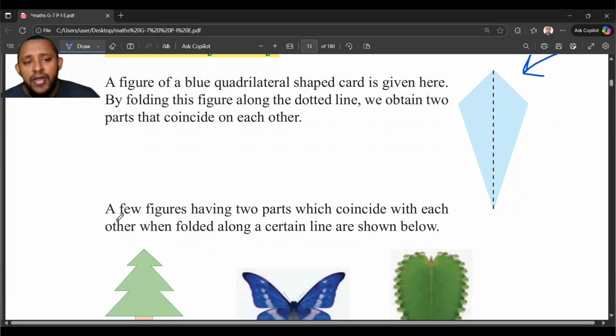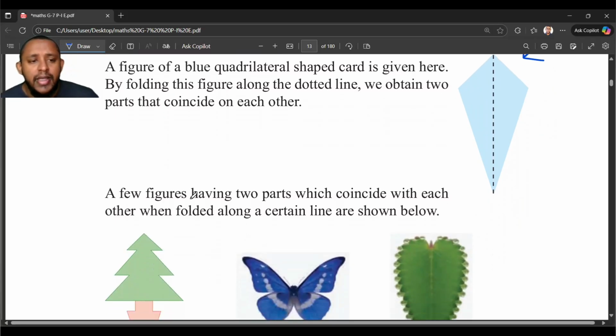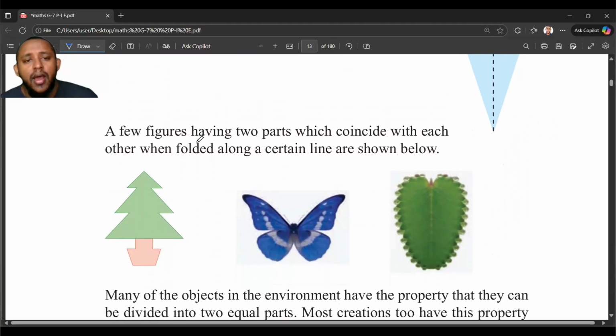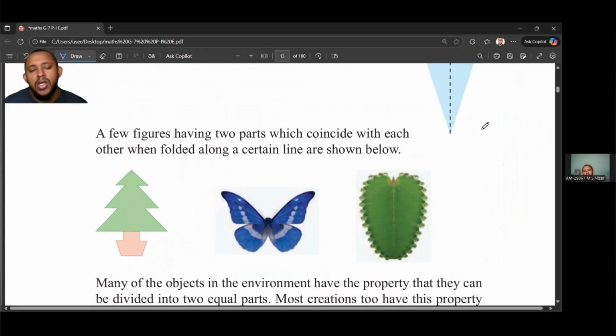So there are some figures given as examples, a few figures having two parts which coincide with each other when folded along a certain line, shown below. The first one given to us is a tree, then a butterfly, then a leaf, right?